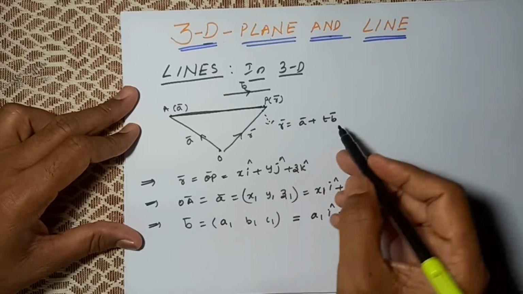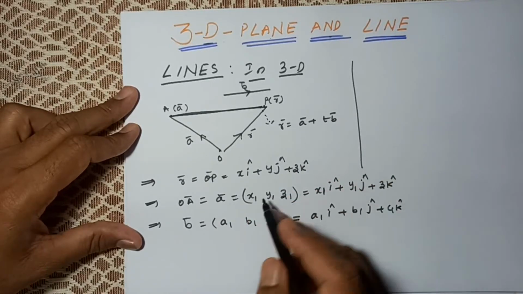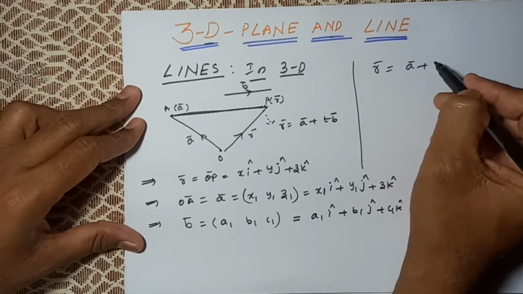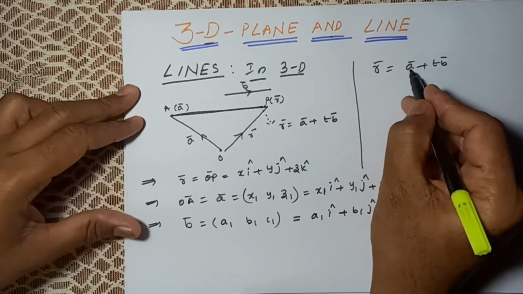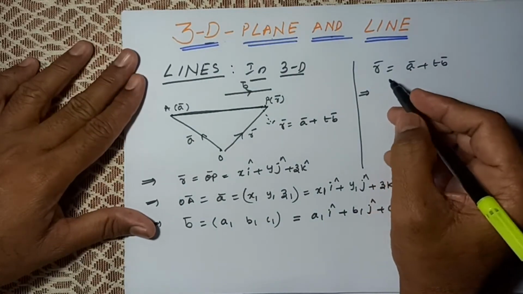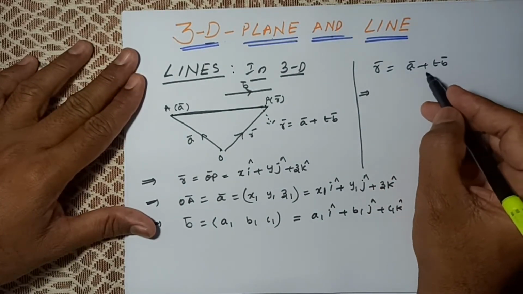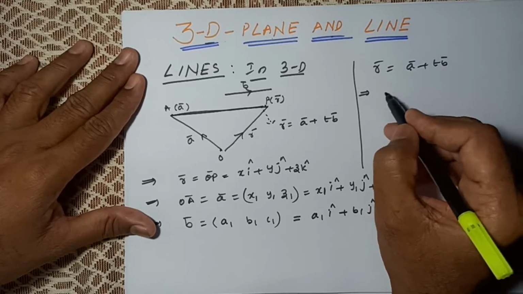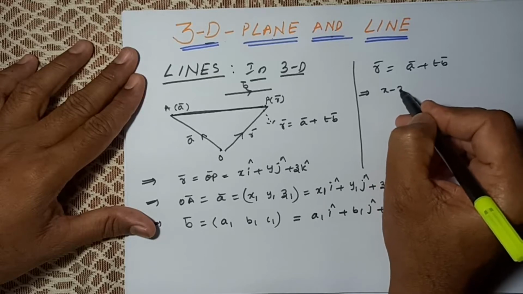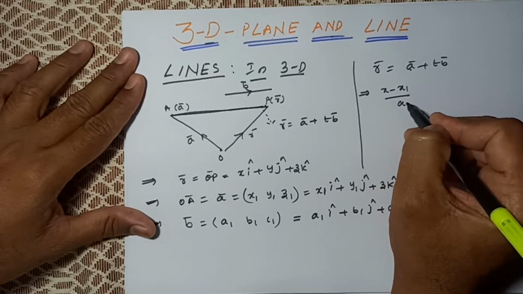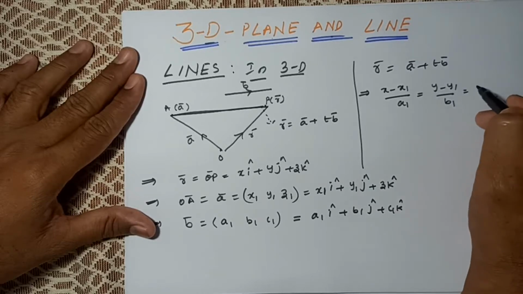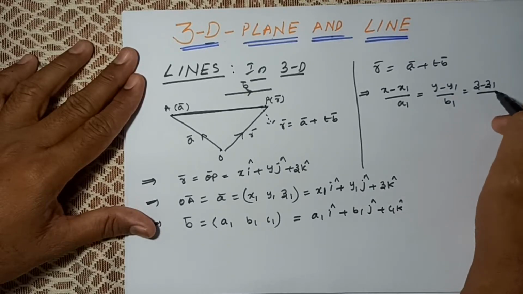Okay. If you simplify this line equation, that is R bar is equal to A bar plus t B bar, shifting A bar to the left of this equation, then R minus A is equal to t B bar. So this equation simplified in the Cartesian form will become x minus x1 by a1 is equal to y minus y1 by b1 is equal to z minus z1 by c1.